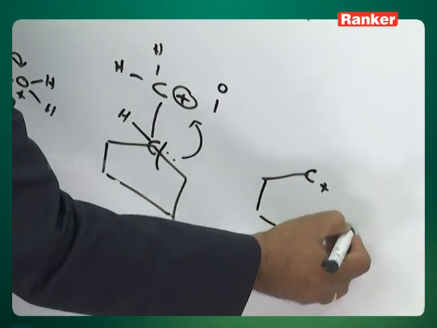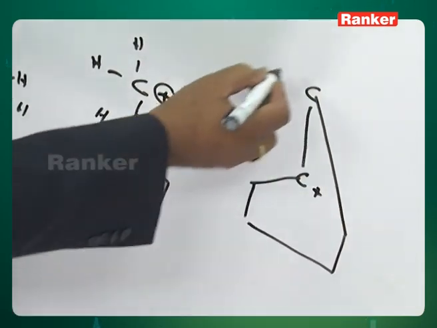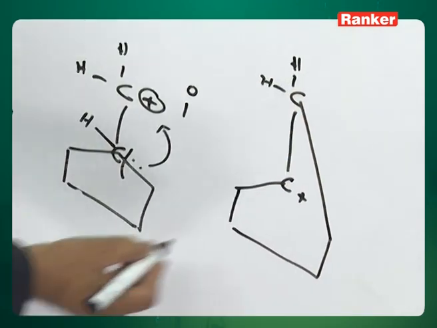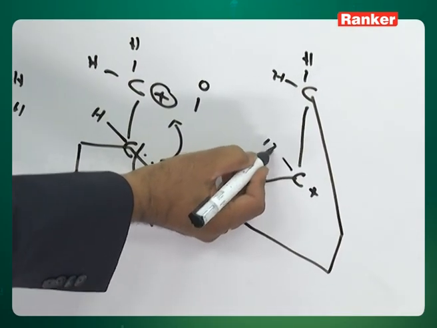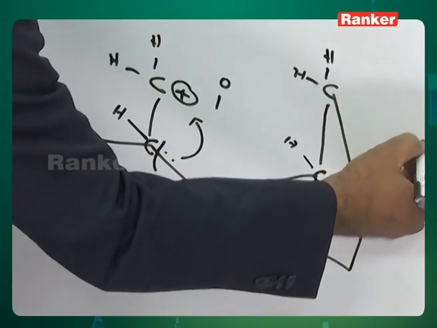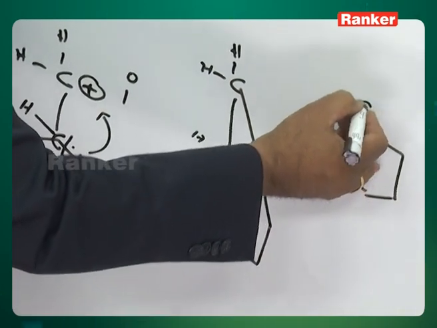This carbon directly makes a bond with this carbon. We have already 2 hydrogens, so the tetravalence is completed. Here, however, a carbocation is formed. This you can as well write, it is nothing but the 6 carbon system containing a carbocation.